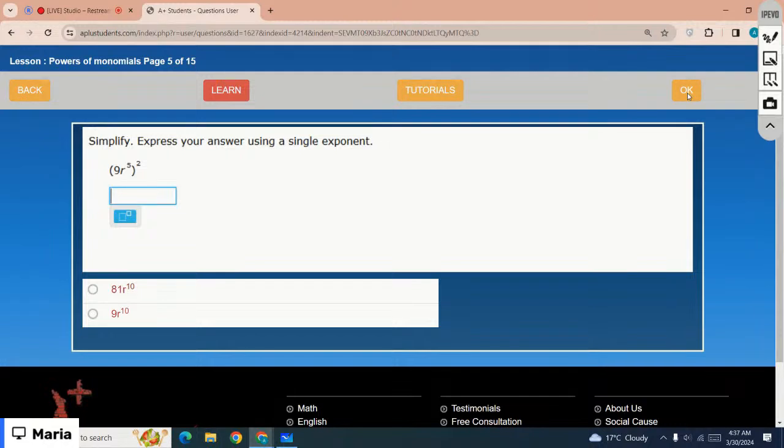The correct option is, yes, the correct option is 81r12. Option number 1 is the correct option. That is 81r12.